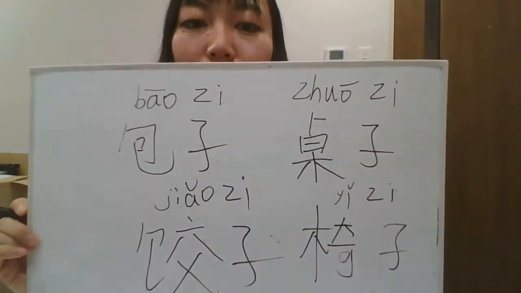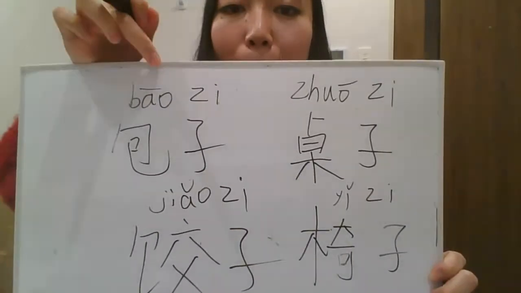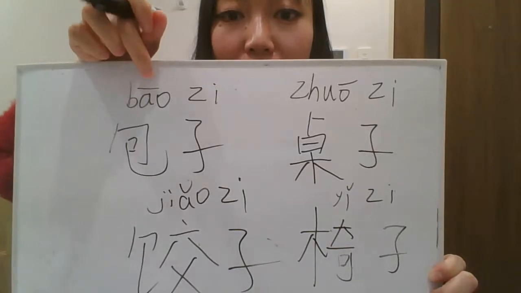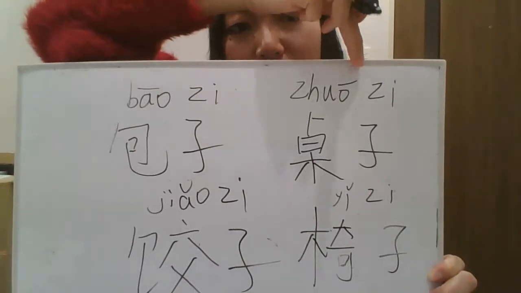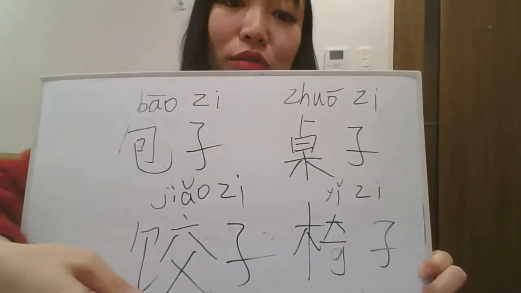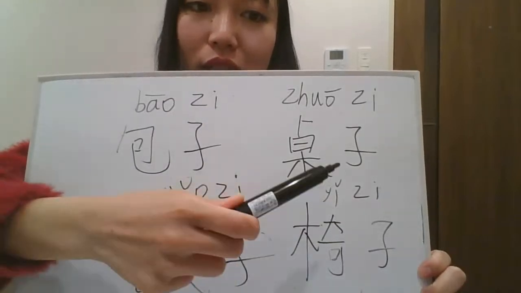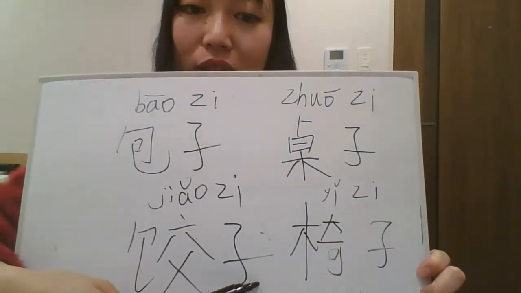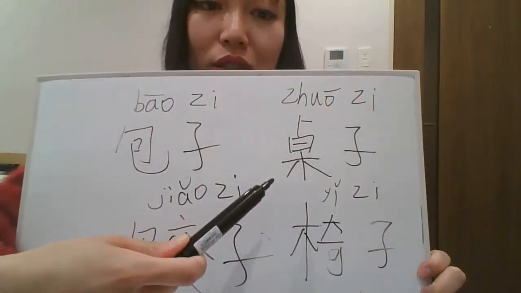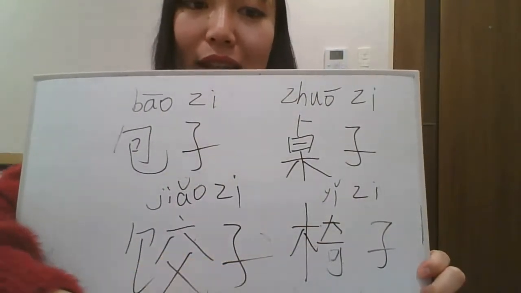包子、桌子、饺子、椅子. So every word here has the 子 in the end.